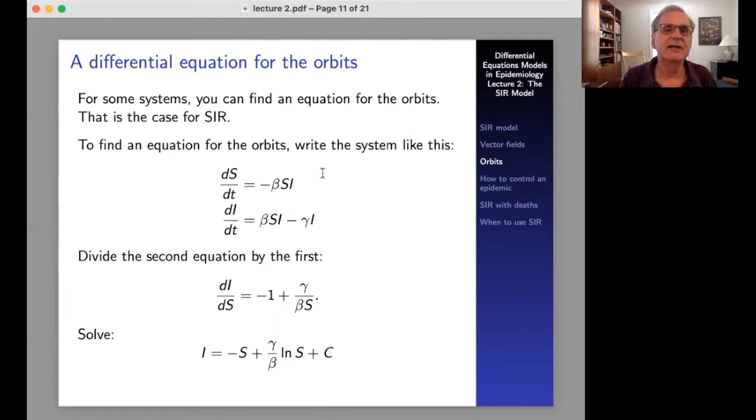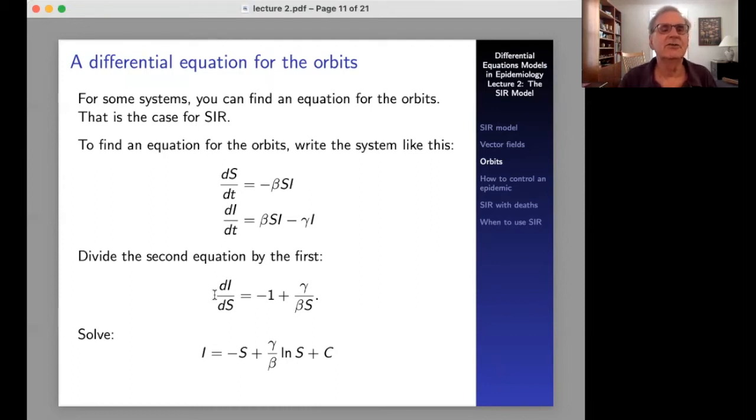Then you divide the right-hand side too. Beta SI divided by minus beta SI gives minus 1. Minus gamma I divided by minus beta SI gives plus gamma over beta S.